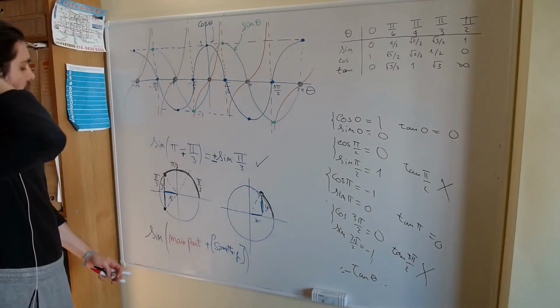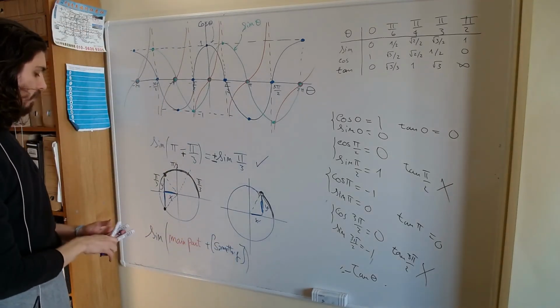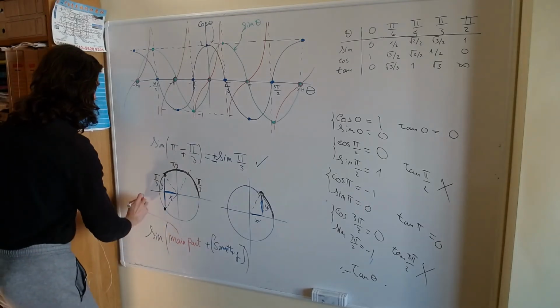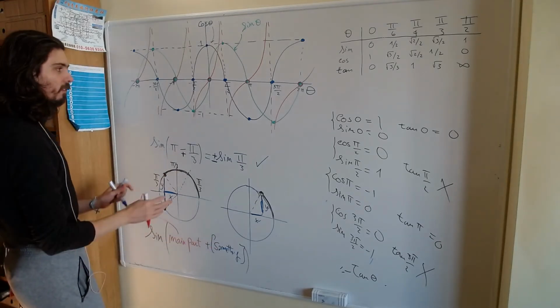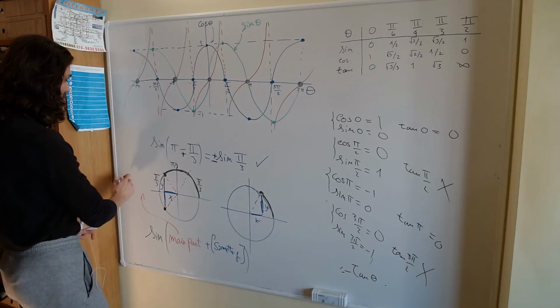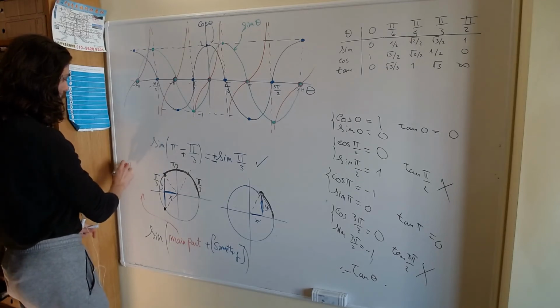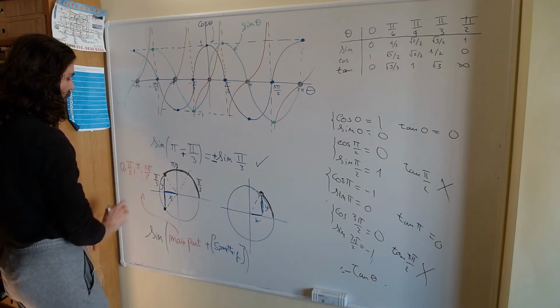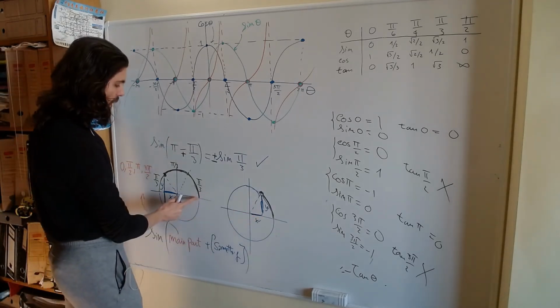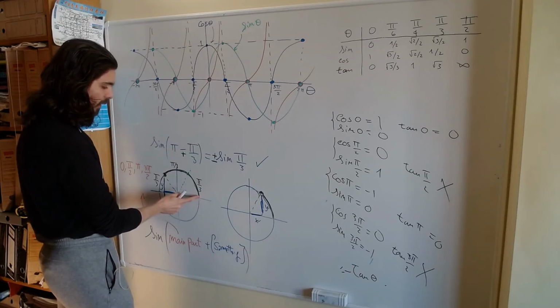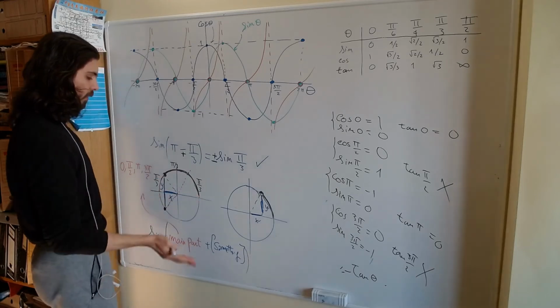Let me explain. The main part is either 0, pi over 2, pi, or 3 pi over 2. That is, the angles start here, here, here, or here. This is the main part.